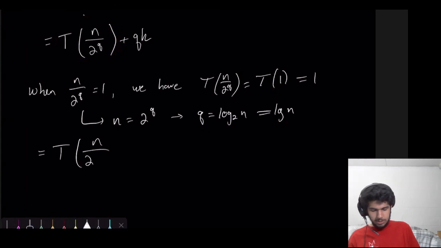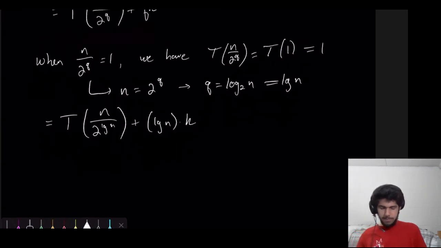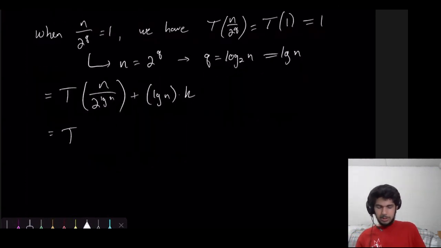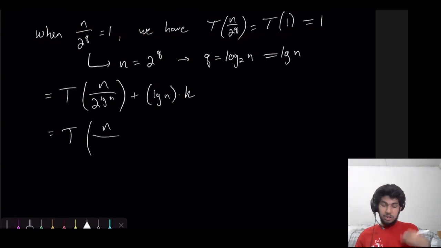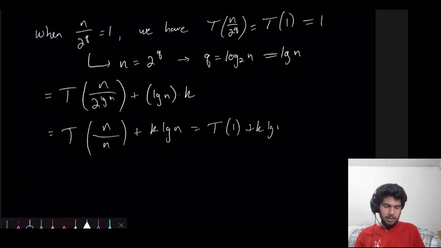T of n over 2 to the log of n plus log of n times k. That's going to be equal to t of n. 2 to the log base 2 of n will just be n, so n over n plus k log n. That's t of 1 plus k log n. We said t of 1 is 1.